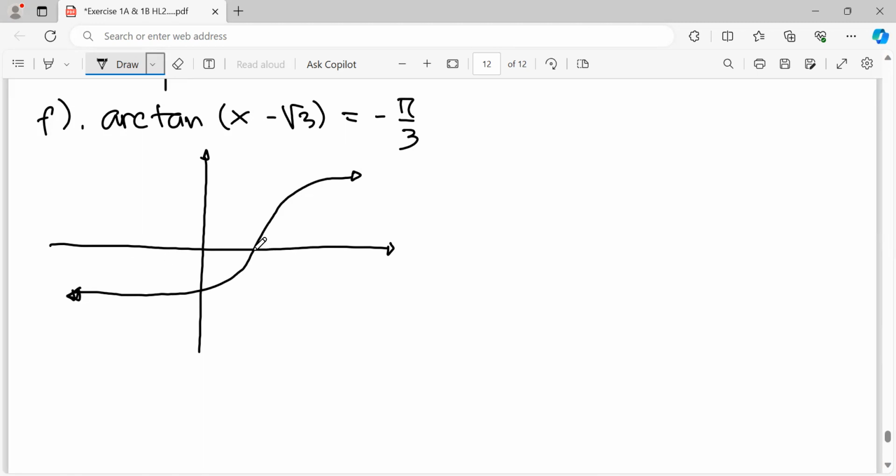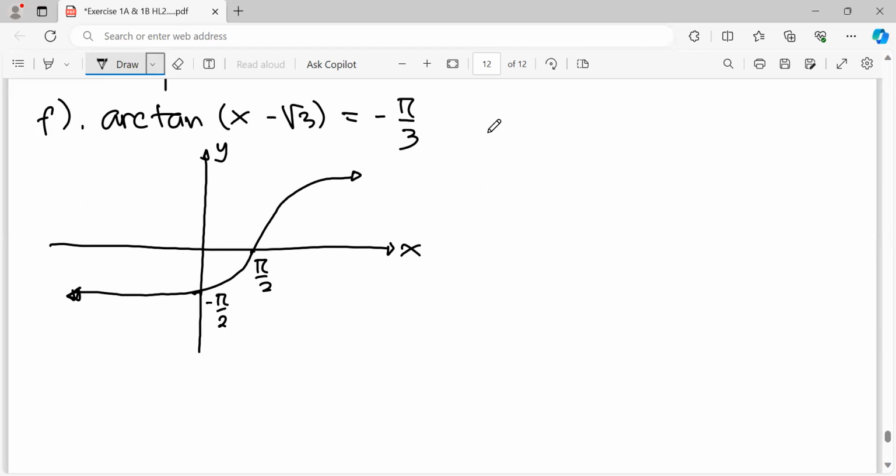Okay, the intercept point with the x-axis is pi half. The intercept point with the y-axis is minus pi half.